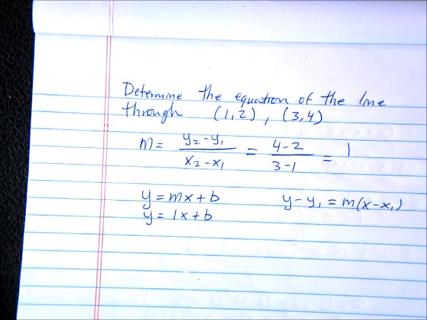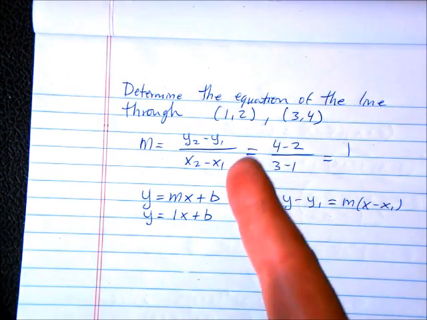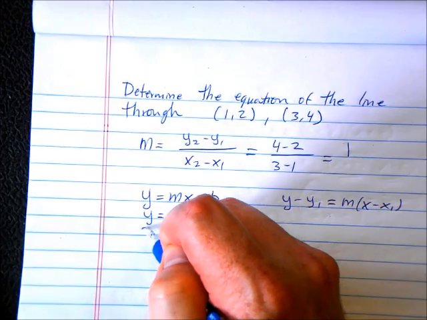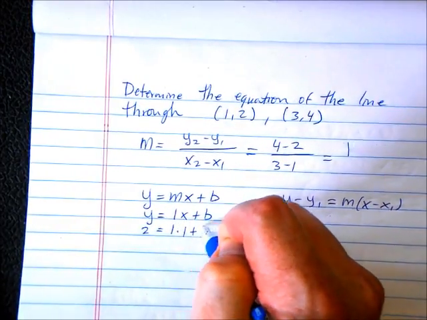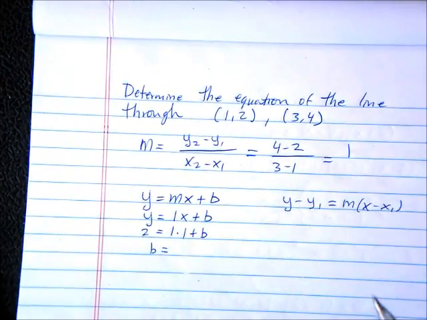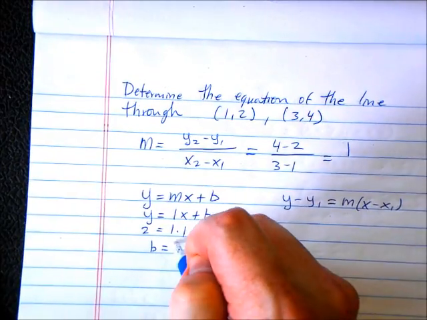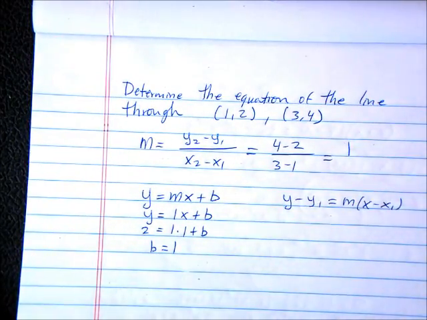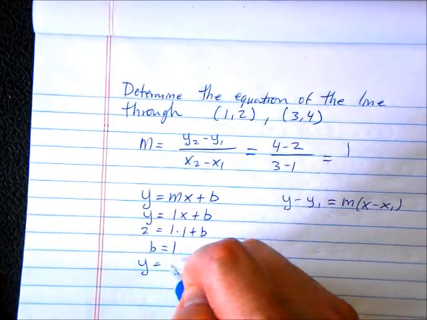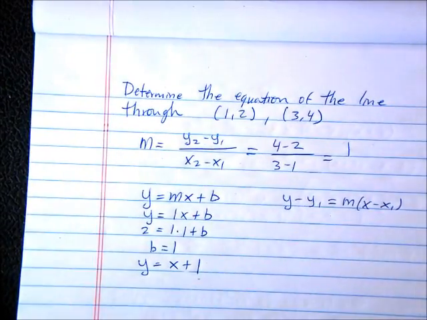And then how do you find the value of b? Substitute one of the points in. It doesn't matter which. You pick one that you like. I'm going to use the first one. 2 equals 1 times 1 plus b. So b is 2 minus 1, which is 1. So our answer would be y equals x plus 1.